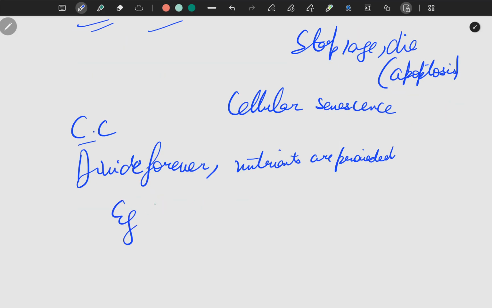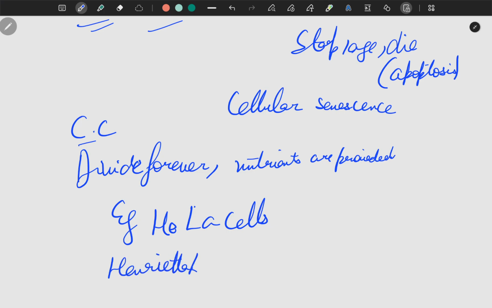One example performed in the lab was HeLa cells. This was a cell from a woman named Henrietta Lacks, whose cells were taken in 1951.